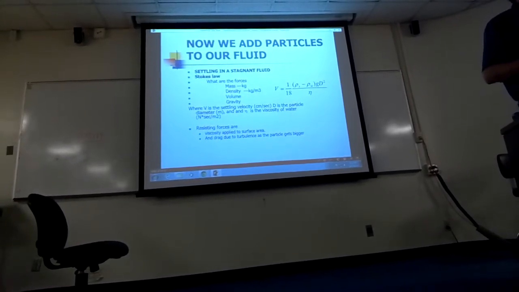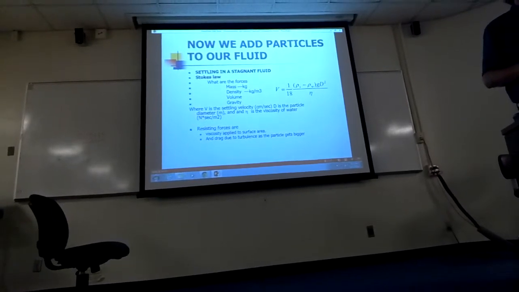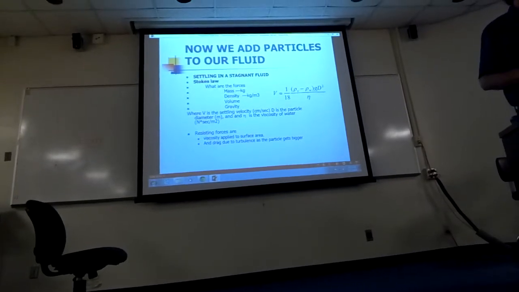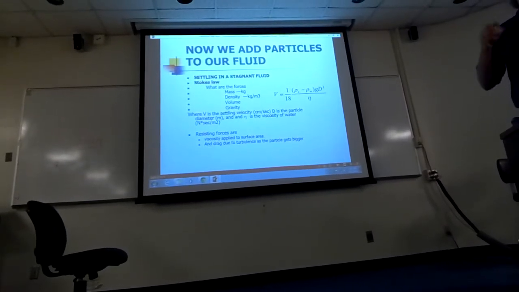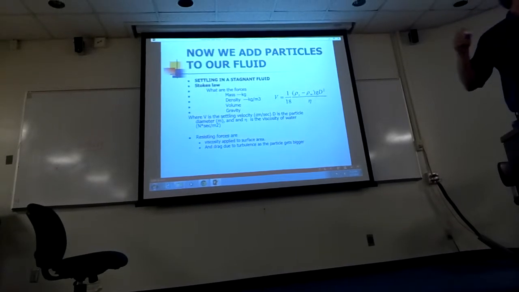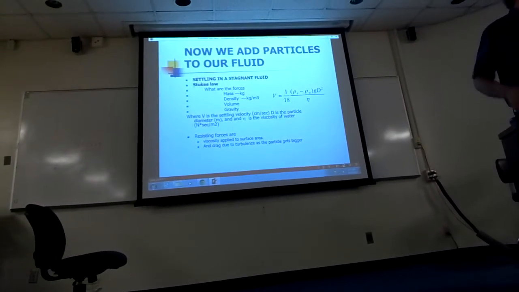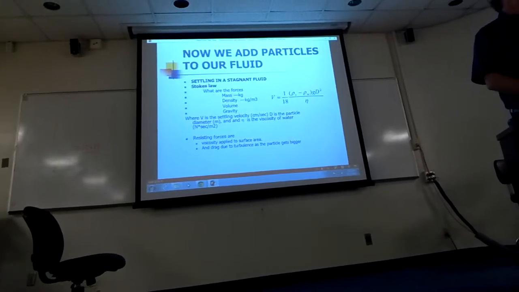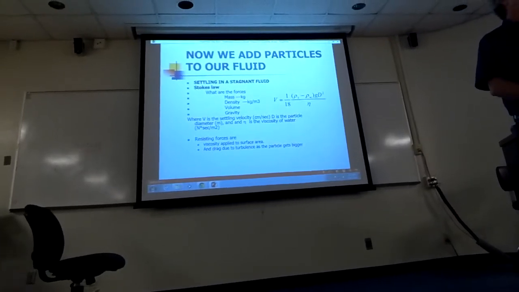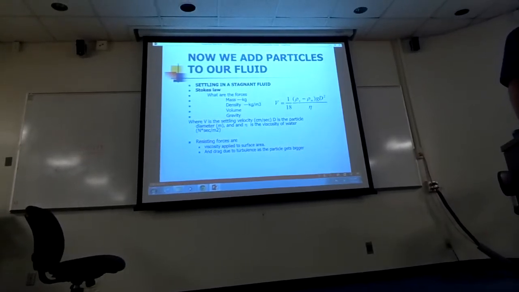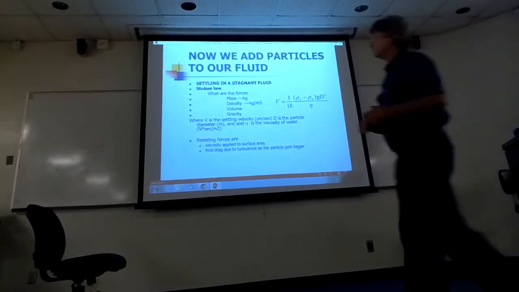Okay. Does that sound right? Who's got the power? What's the viscosity? 1.06 times 10 to the minus third. Okay, so you got 4 times 10 to the minus 6.